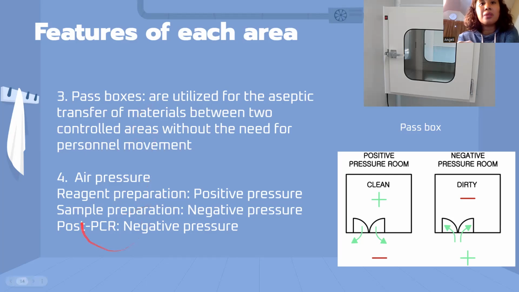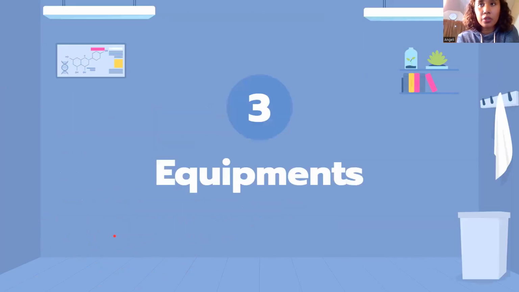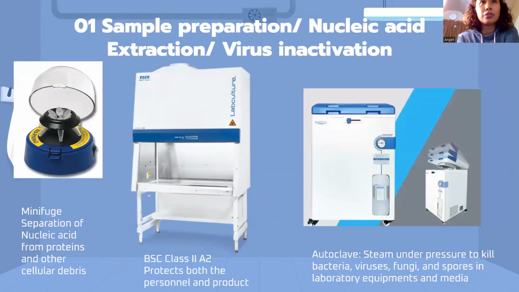And we have the air pressure, which is important in containing the nucleic acid. Sample prep and post-PCR have negative pressure. Reagent prep has positive pressure.